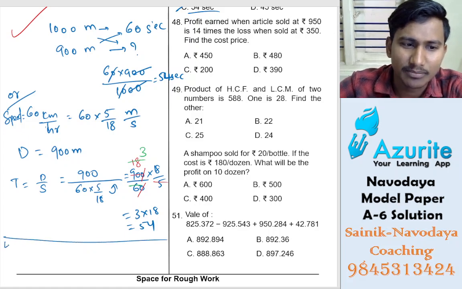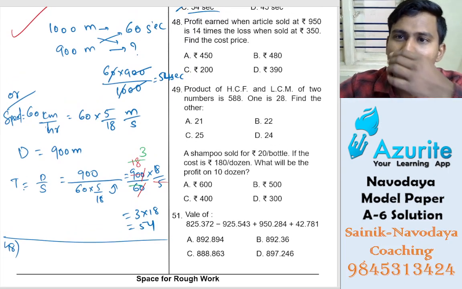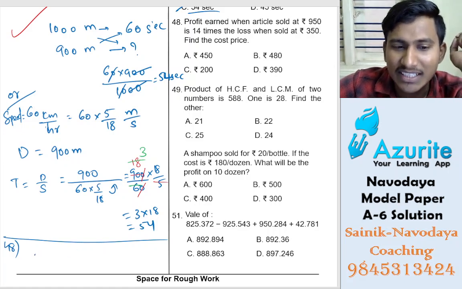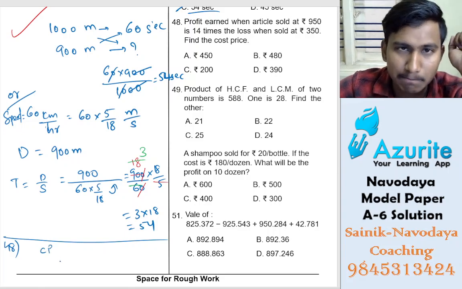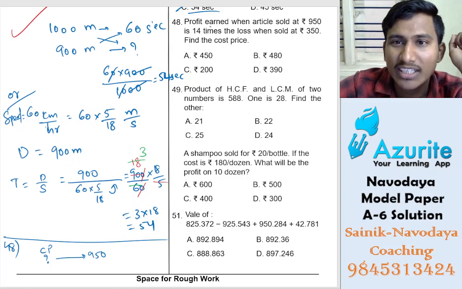Question 48. Okay. So if you see, profit is earned when sold at 950 rupees. So here let us take the cost price to be the same in both cases, right? We have to find the cost price. When it is sold at 950, the profit is 14 times the loss.